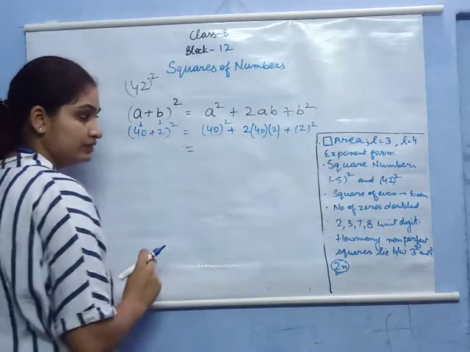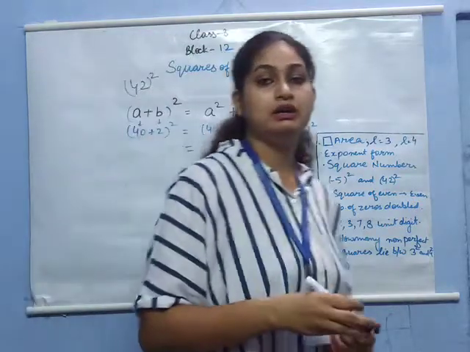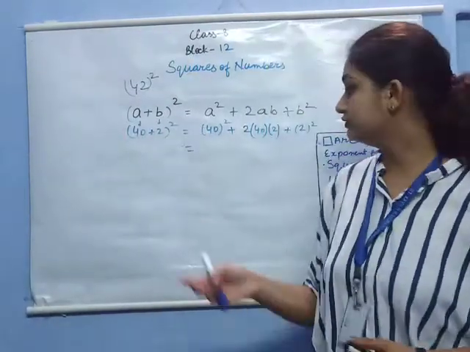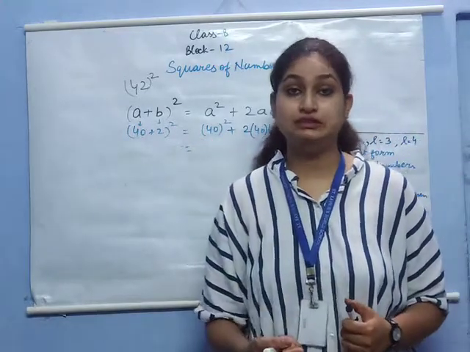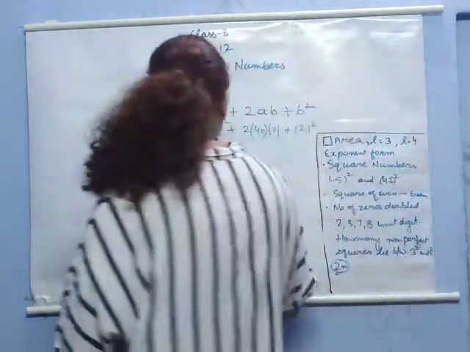If I solve this, whenever you are framing the square of something like this, if we know the square of 4, that is 16, we know the square of 4 is 16, right?